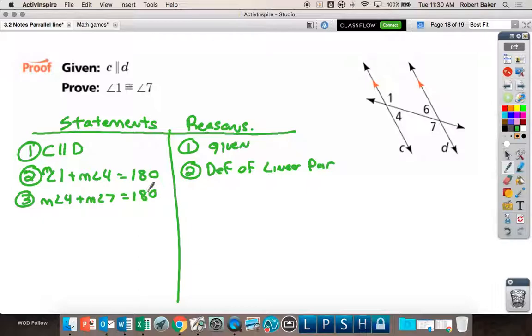Not corresponding. Same side. And the reason that's true is it's the same side interior angle postulate. The same side interior angle postulate says that they're supplementary.